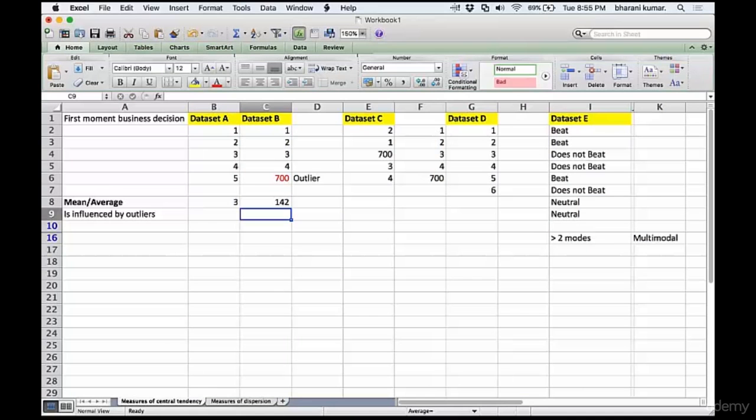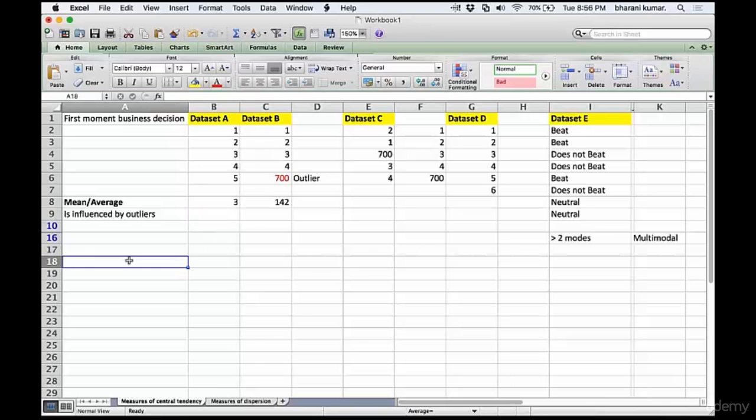Oh my God, there is such a huge difference. Just because I've changed only a single number, the average moved in a different direction altogether. It has moved from 3 to 142. And these kinds of extreme values, which influence your average to a great extent, are called outliers. So mean is being influenced by outliers.